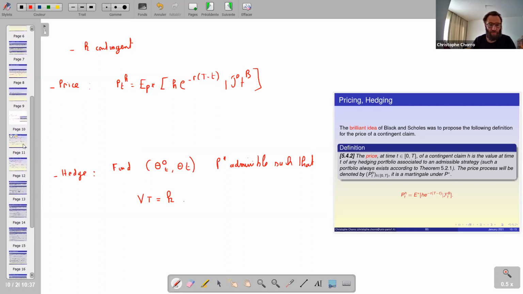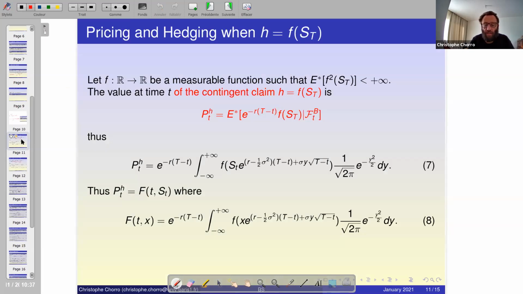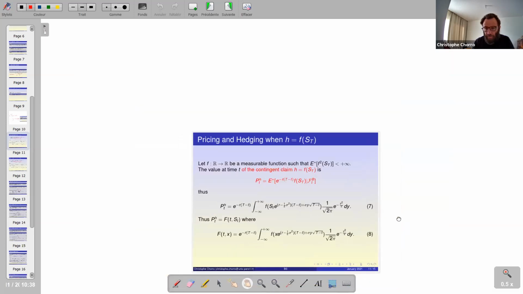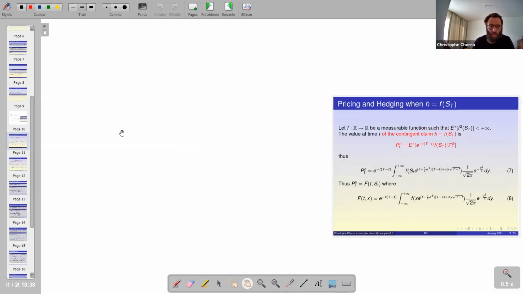So we are going to consider particular families of contingent claims. A contingent claim, a priori, is something in L2 of omega, F capital T, P star, and I want it to be positive.